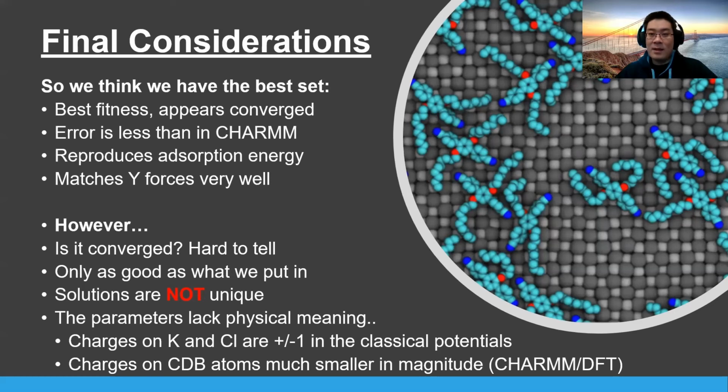So when we look at the potentials we have fit, you can no longer assign a physical meaning to the Coulomb interactions between these atoms, because one set uses integers while the other set uses density functional theory charges. And we have then fit everything so that the rest of the potential compensates for whatever error is present there.